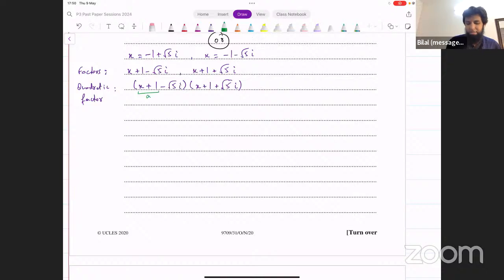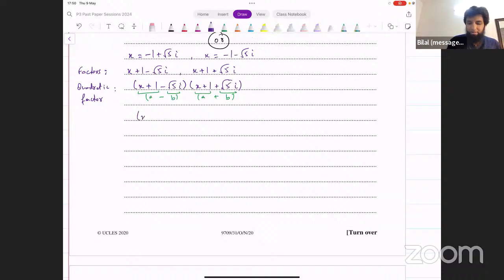If you say this is A, this is B, you see it's of the form A minus B into A plus B. You can multiply this easily like A square minus B square, and that makes it much simpler.